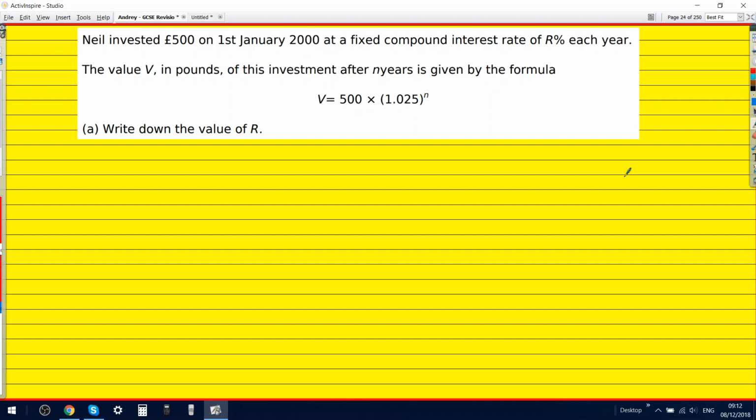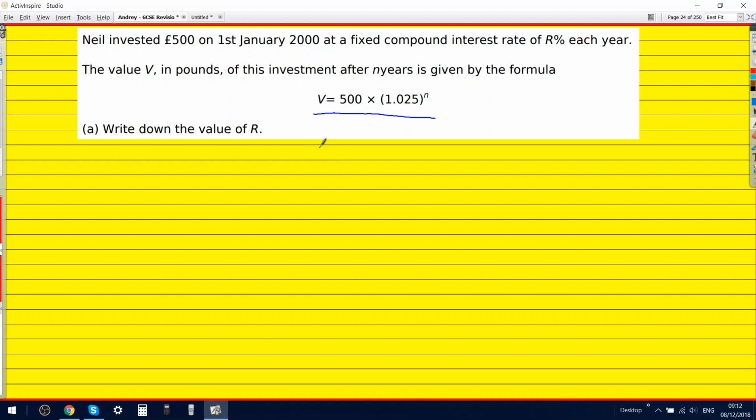This is one of those compound interest questions, and this is their working out. Based on their working out, you have to say what the percentage interest rate is. Do I need to substitute something into N? Nope.